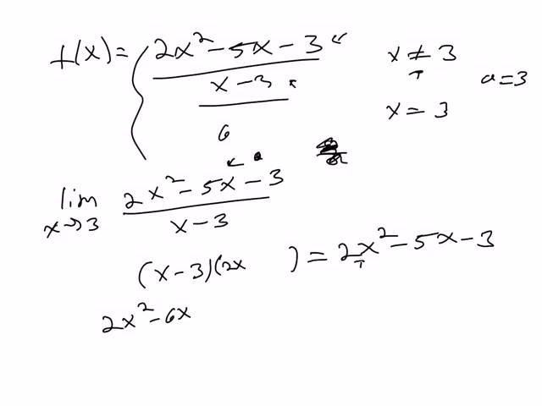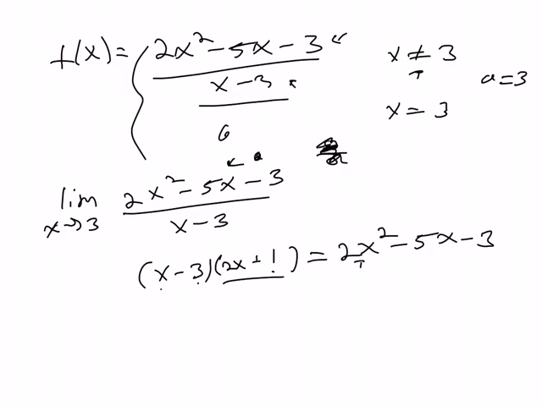So let's assume that I have a plus 1 over here. So now I'm going to have x times 1, which will give me plus x, and then negative 3 times 1, which will give me minus 3. Or in other words, I'm going to get 2x squared minus 5x minus 3, which is exactly what I want. So this is what I'm looking for right there.